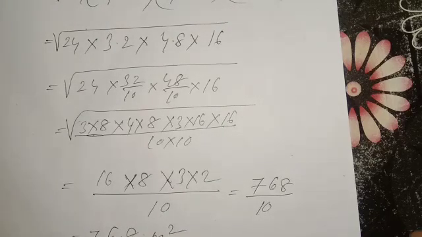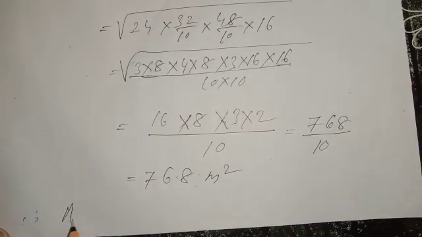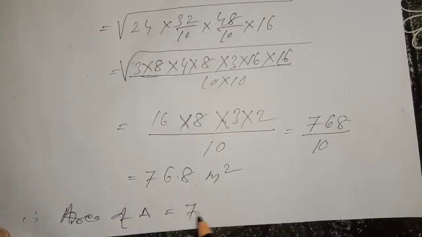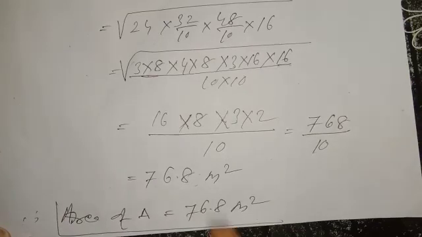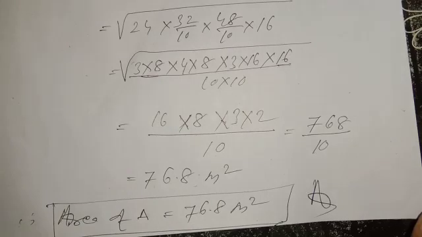Therefore, the area of the triangle is equal to 76.8 meter square. Okay. In this, question number 5 is completed.